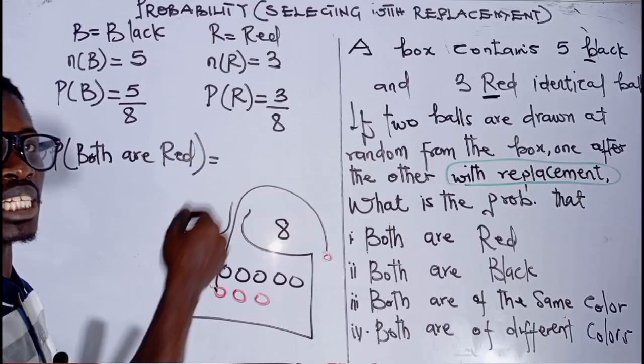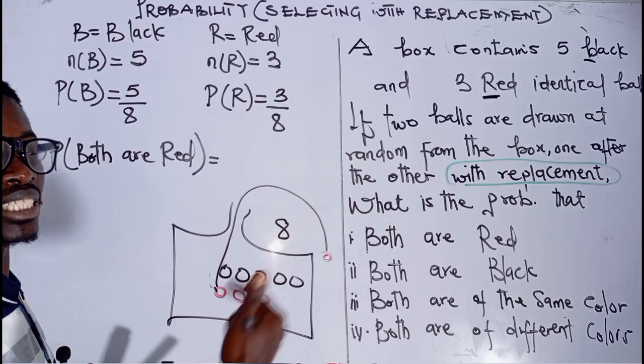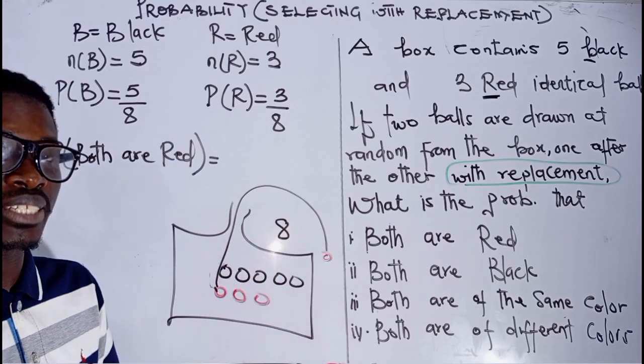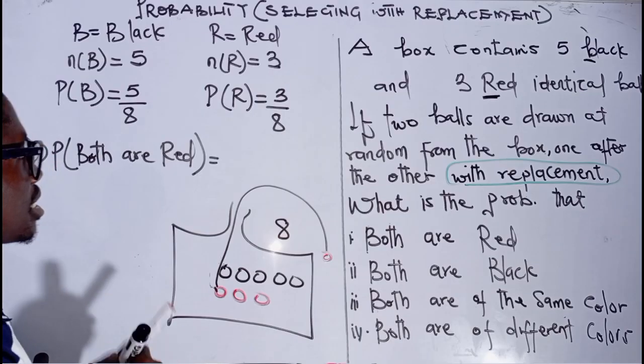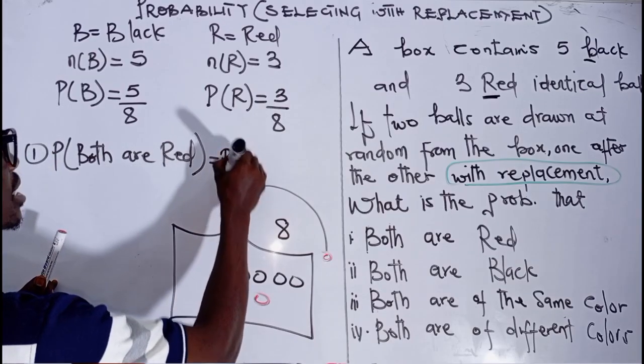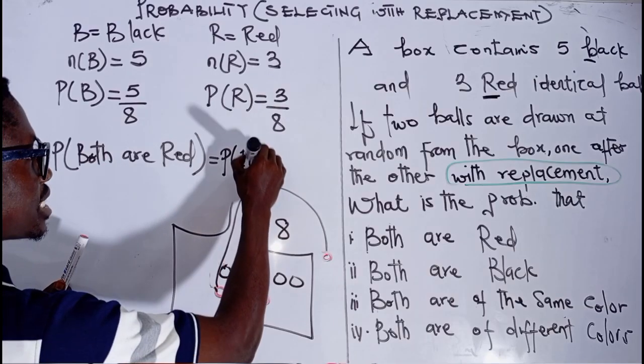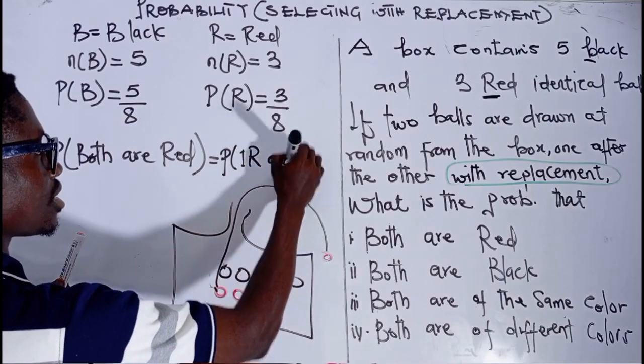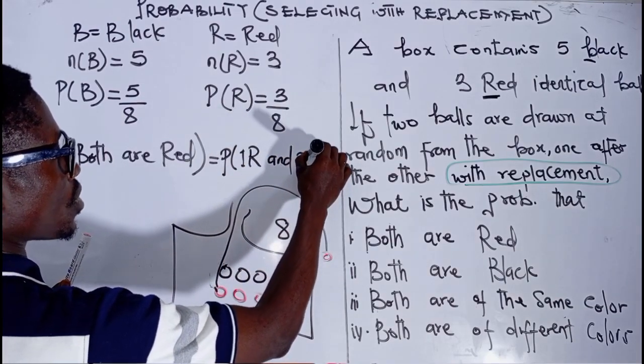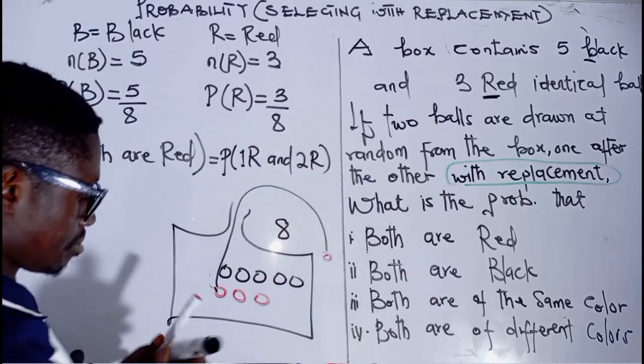We are picking the first marble, we are getting red, and on the second pick, we are getting red as well. So we can write it as the probability that on the first draw we get red, and on the second draw we get red as well.